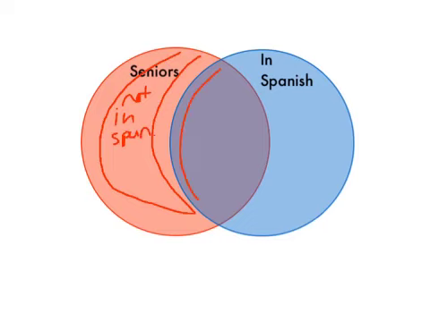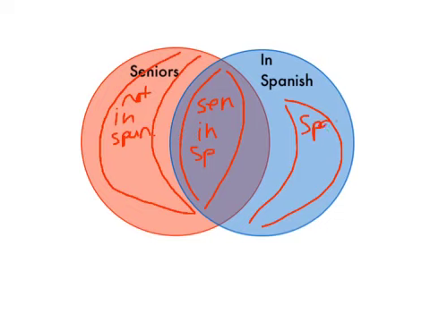This section, this purple section, represents seniors who are also in Spanish. And then this blue section over here represents people who are in Spanish but not seniors. Okay? So we're just going to figure out what each of the numbers are so that we can find these probabilities.